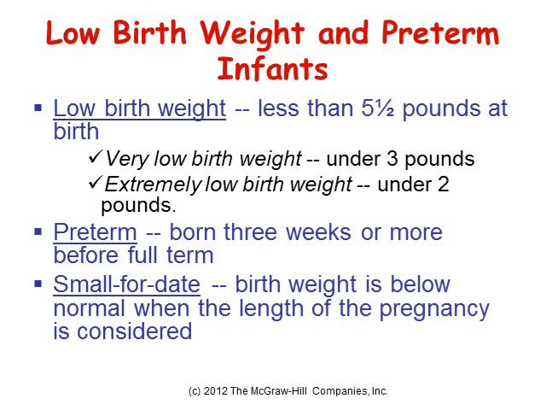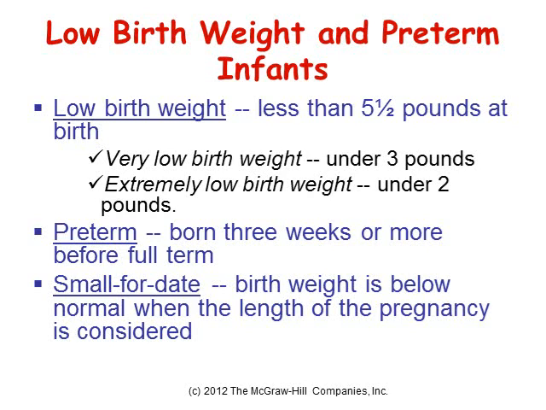Low birth weight babies will weigh less than 5.5 pounds at birth. Very low birth weight babies will weigh under 3 pounds. You might think that's very light, and they may not survive. And there are cases where babies are born even lower, and extremely low birth weight babies are under 2 pounds.